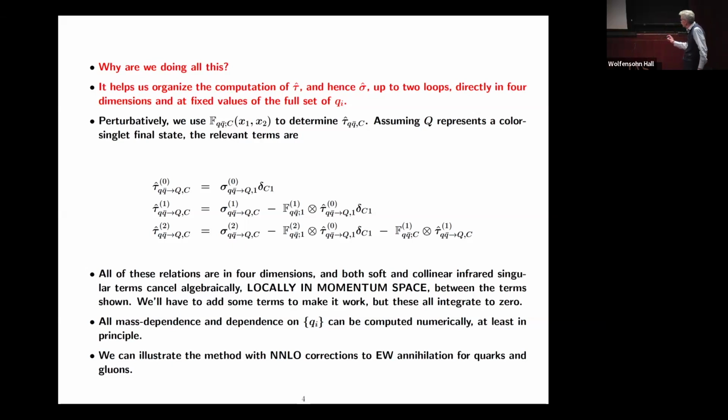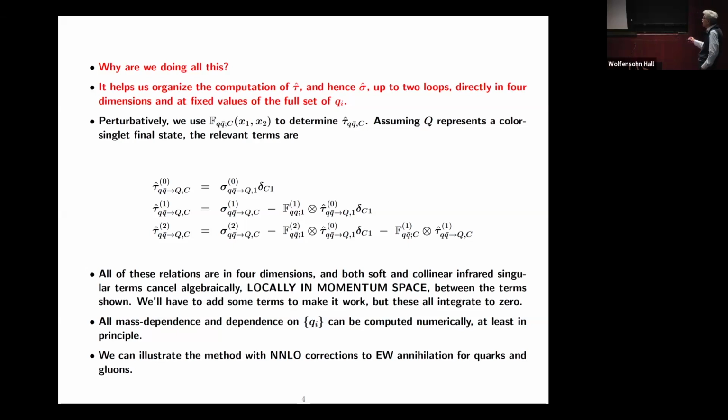So these will be functions of momenta and loop momenta, but we can do it all in 4 dimensions. So in 4 dimensions, both soft and collinear infrared singularities cancel algebraically, locally in momentum space between the terms that are shown here. We'll have to add some extra terms to make this work, but these extra terms we add all integrate to 0. So they're not subtractions in the sense that we normally think of.